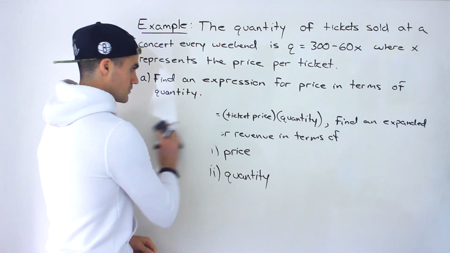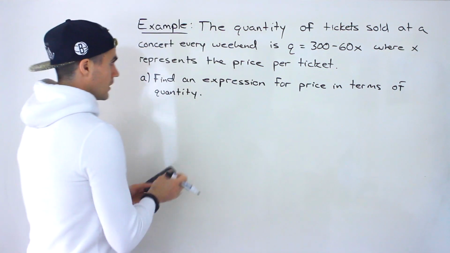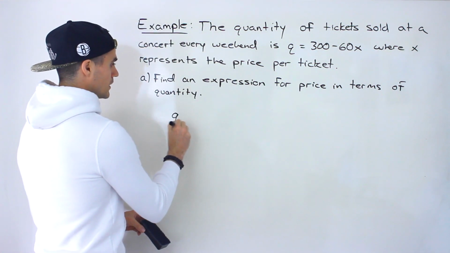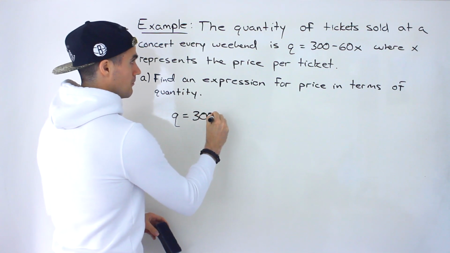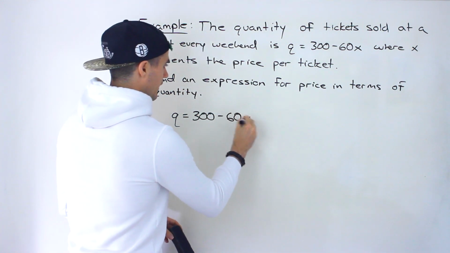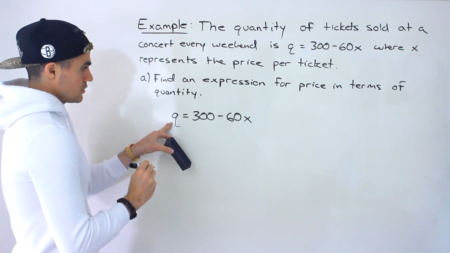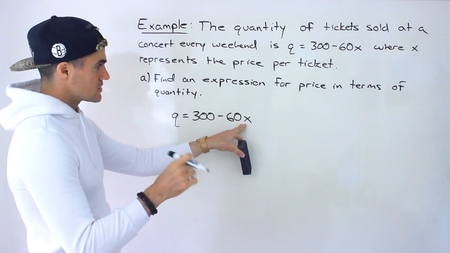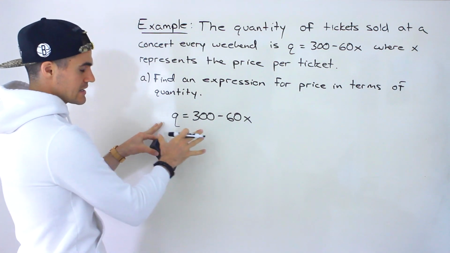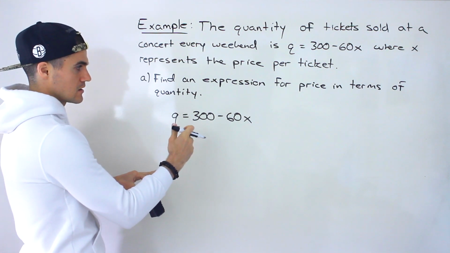So let me actually erase this here, give myself some room. Let's start off with talking about this. So we have the quantity equals 300 minus 60x over here. Now, this Q here represents the quantity or the number of tickets sold, and then the X represents the price per ticket. And notice that intuitively, this equation here makes sense.